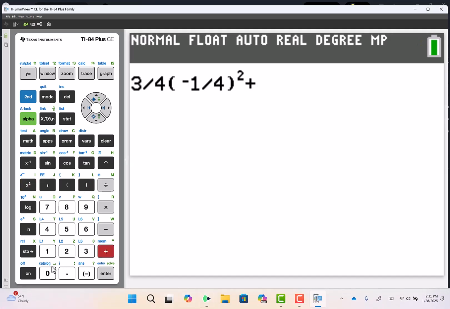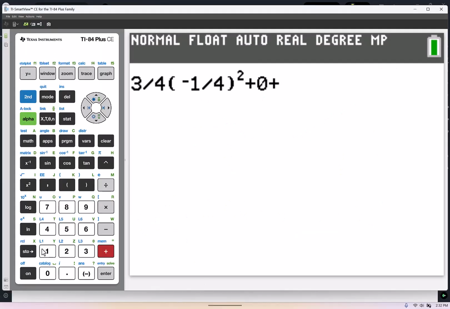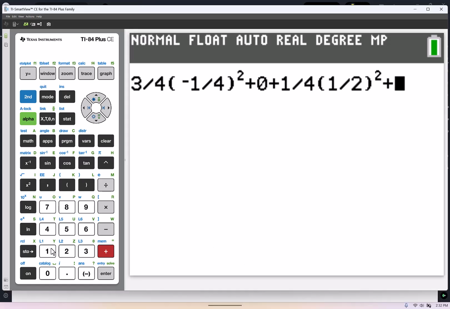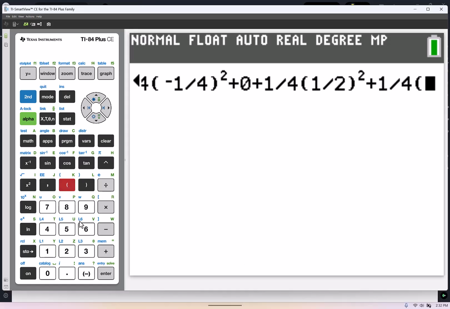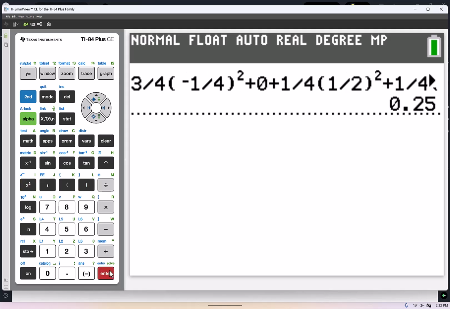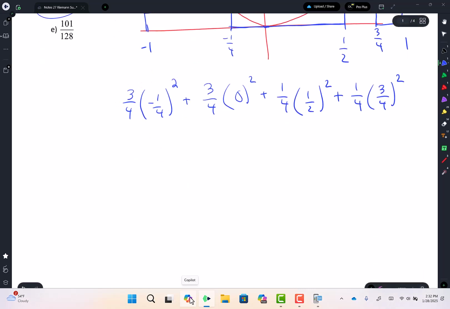Plus 0 plus 1/4 times 1/2 squared, plus 1/4 times 3/4 squared. I got 1/4. Is there a 1/4 in there? There it is. How do we feel, guys? Okay. Go to the next one.